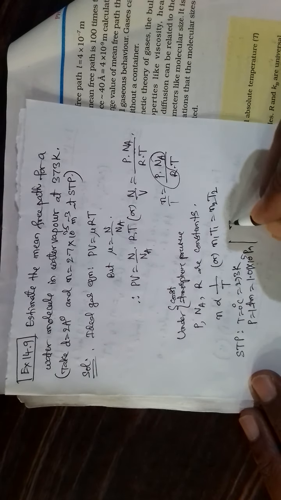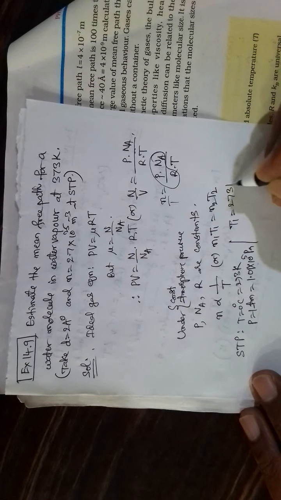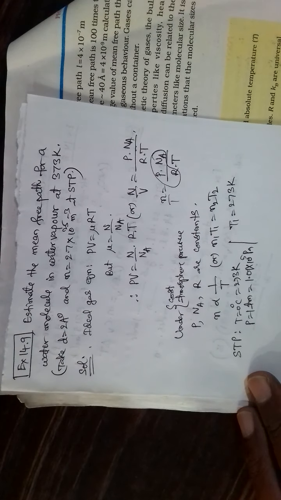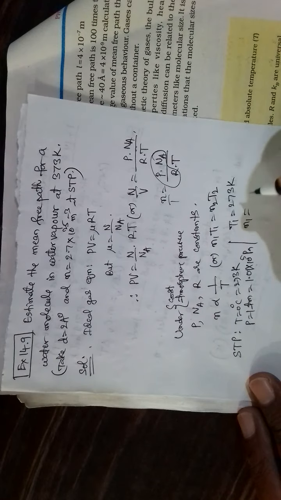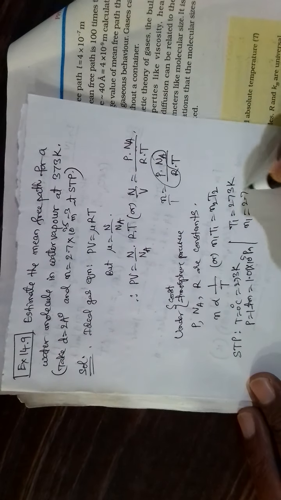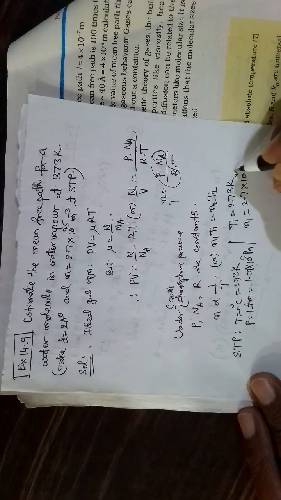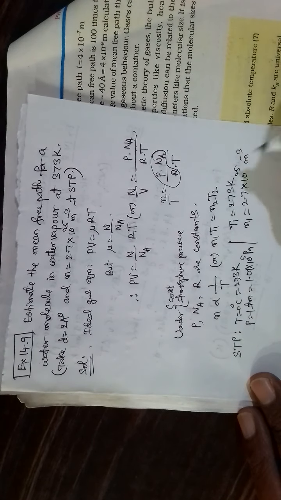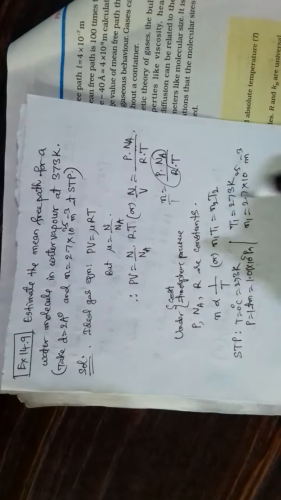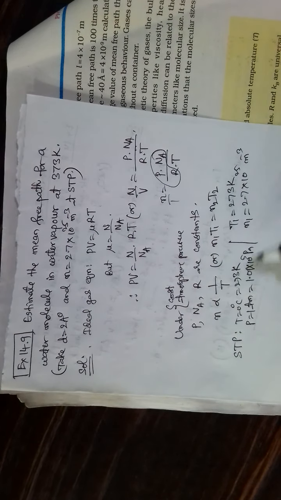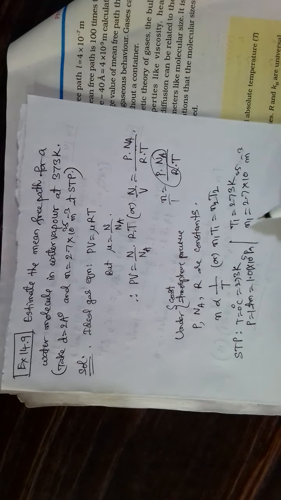Now, initial temperature T1 is equal to 273 Kelvin. n1, given value, 2.7 into 10 to the power of 25. This n value at STP, so the standard temperature and corresponding number of moles, sorry, number density.